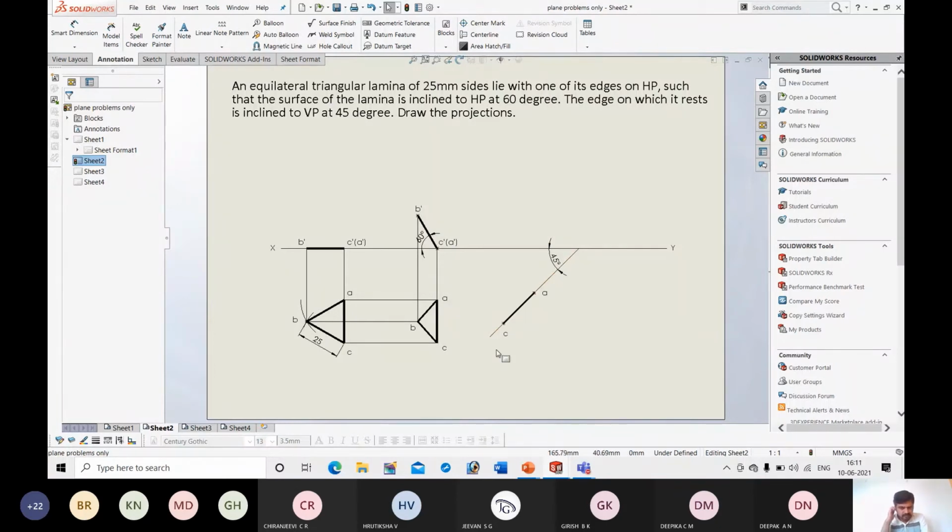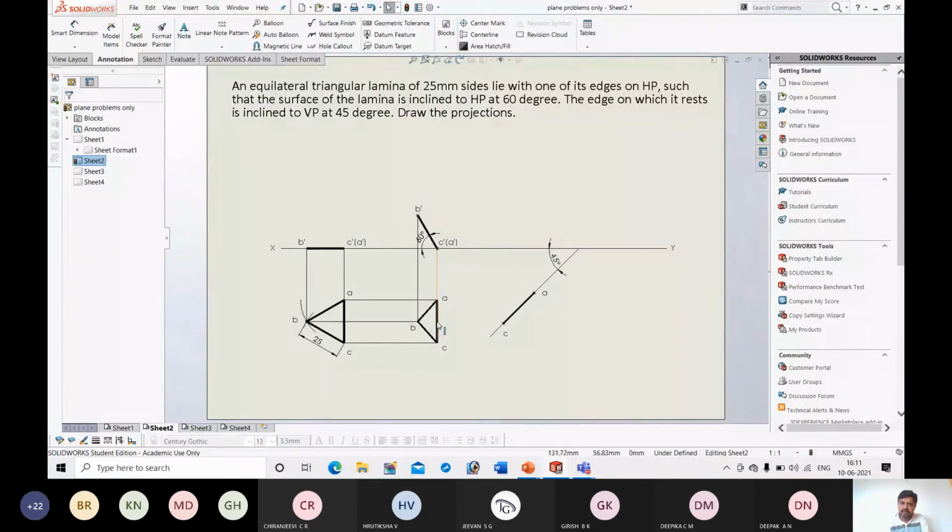Next, after this, you should not consider the first top view, you should consider this one. Now you can see there is a change in shape. This is the true shape of the triangle. Here you have a false, apparent shape, because of the inclination with respect to HP, the width of this lamina got reduced.